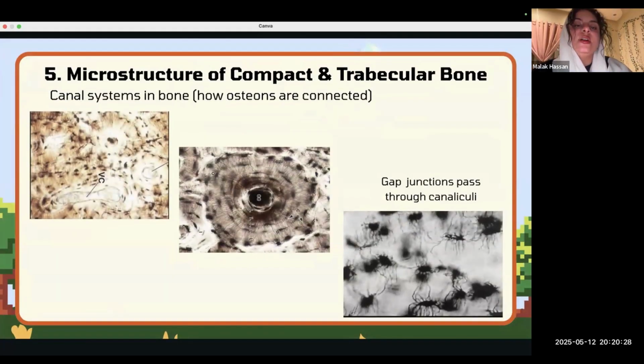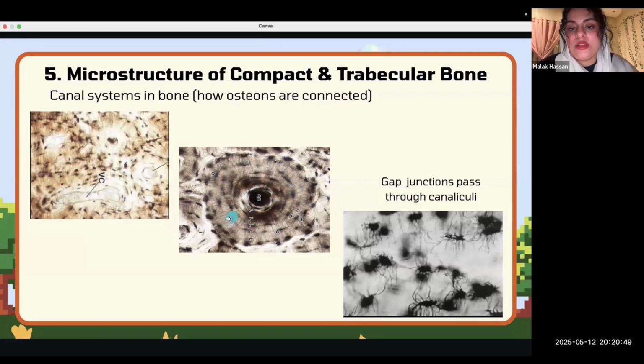Okay, so here you have the canal systems. These are real histology images. Let's look at this one. This is a Volkmann canal connecting one osteon to the next. This is an osteon, just a singular osteon. You can see the central canal, you can see the lamellae, right?